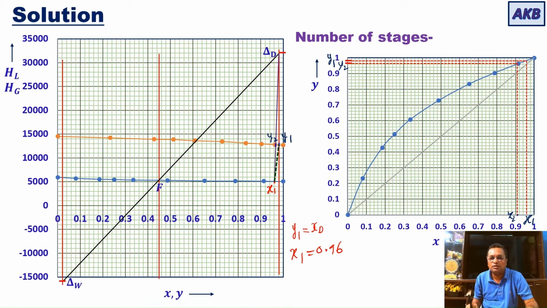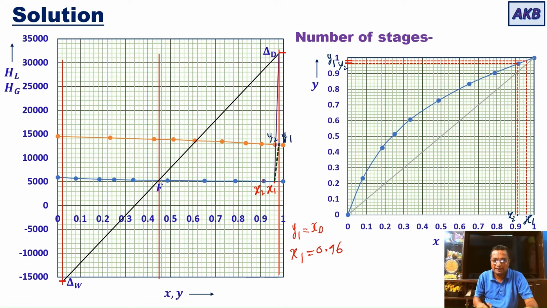Now I will locate this x2 on the lower curve of the enthalpy concentration diagram. So x2 will be located over here. x2 is 0.91. Why is it 0.91? Because 0.91 is in equilibrium with y2, which in this case is 0.96.